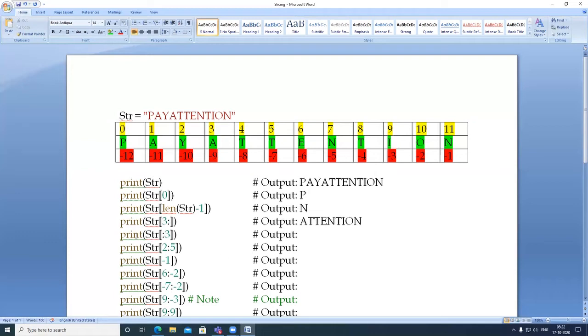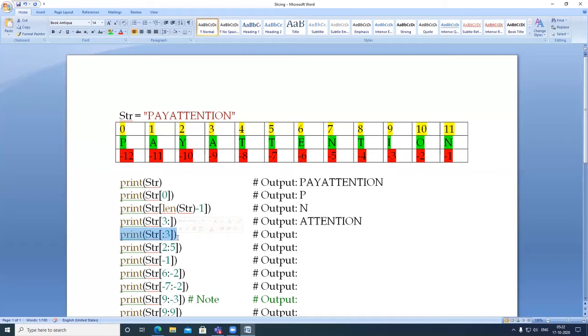On the contrary, if you are trying to have a print statement like this, str of colon 3. Colon 3 means it starts with the 0th location. Kindly remember, it starts with the 0th location.